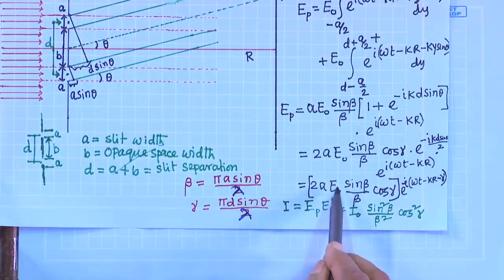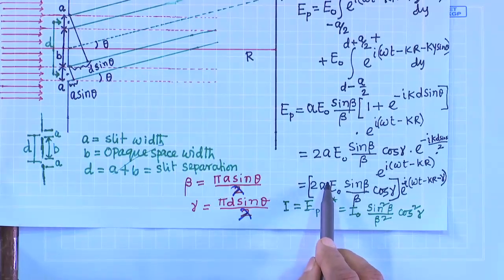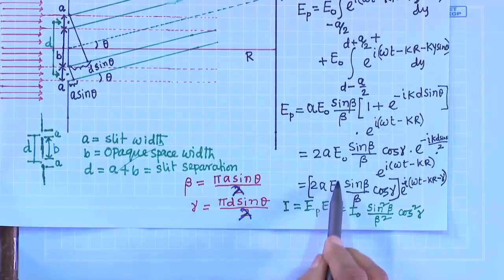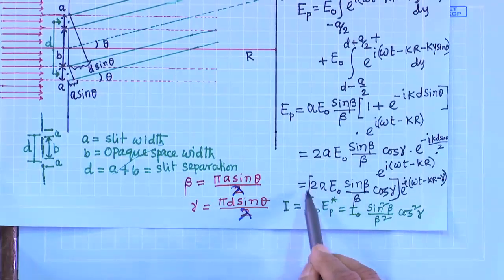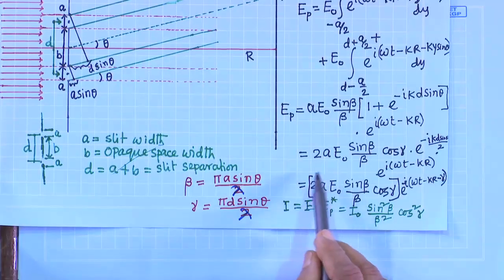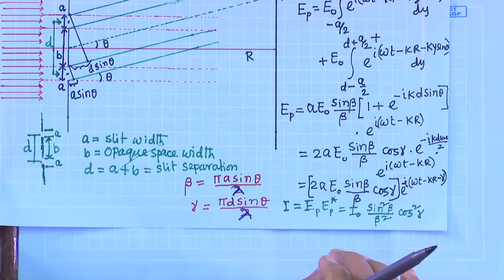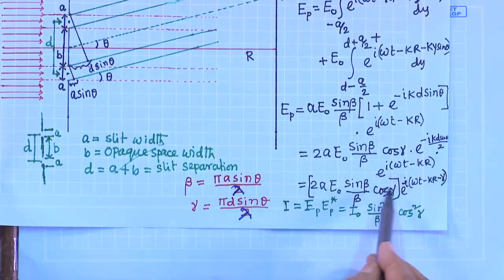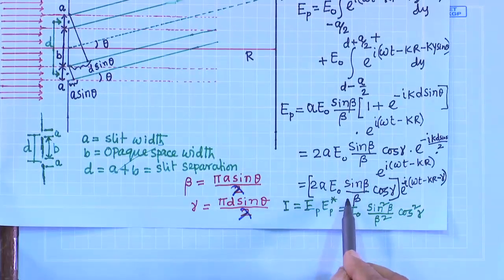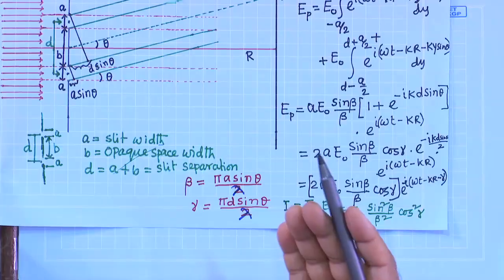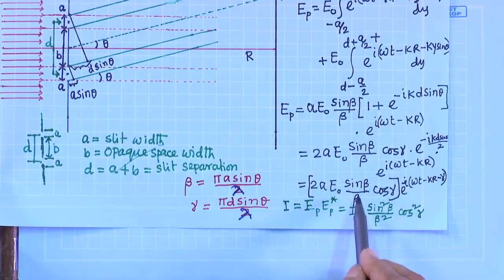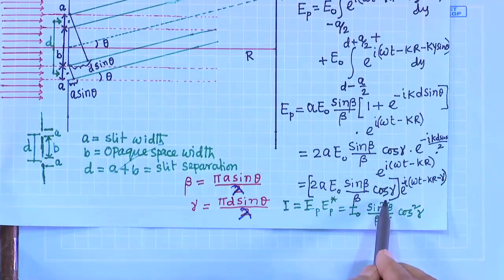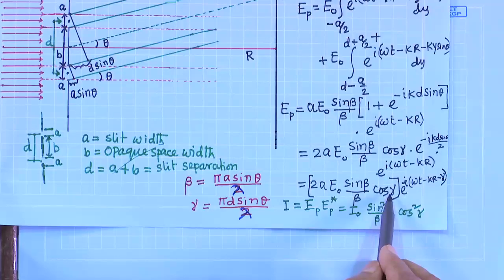The opening is a plus a, so 2a. That is the amplitude, and it is now modified by these two terms, sin beta by beta and cos gamma.